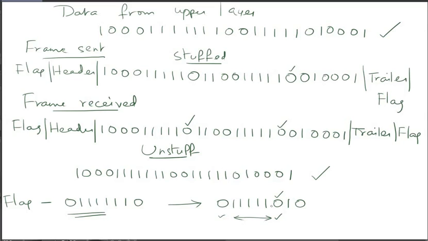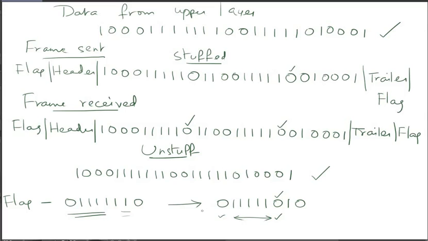The receiver will understand by seeing this number of bits. It will remove this 0 and take the next bits. So the real flag will not be mistaken for data by the receiver. The real flag is not stuffed by the sender, and it will be recognized properly by the receiver.